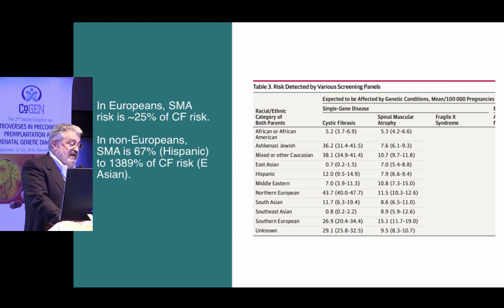Now, that changes in other ethnic groups. In non-Europeans, SMA is about 67% of the CF risk in Hispanics, and over 1,000% of the CF risk in East Asians. So quite a difference in incidence of the different disorders.